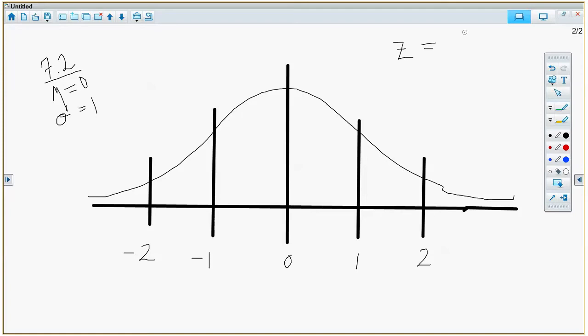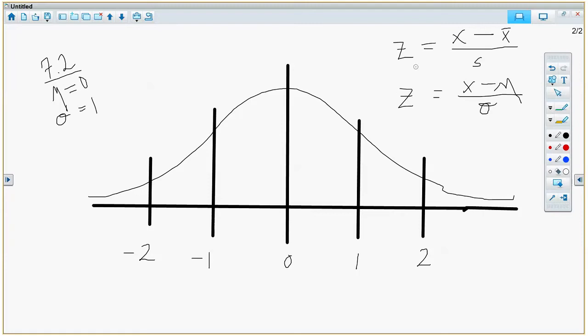Z-score is equal to x minus x bar over standard deviation, or x minus mu over standard deviation. Doesn't matter which one you use, they're still both the same.